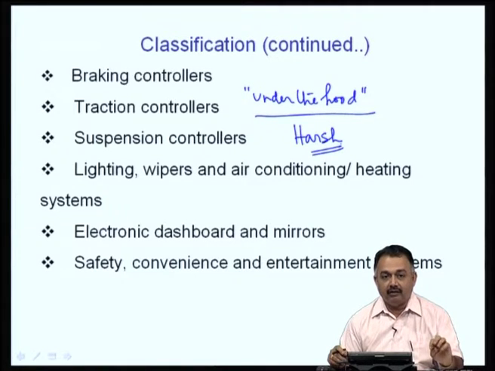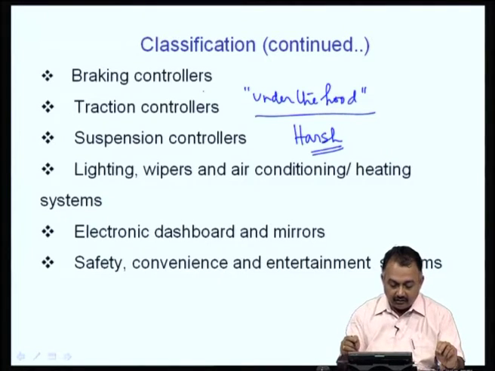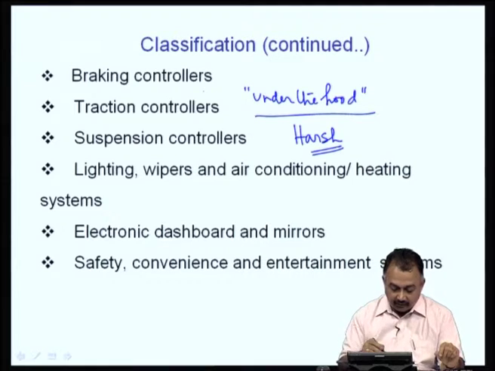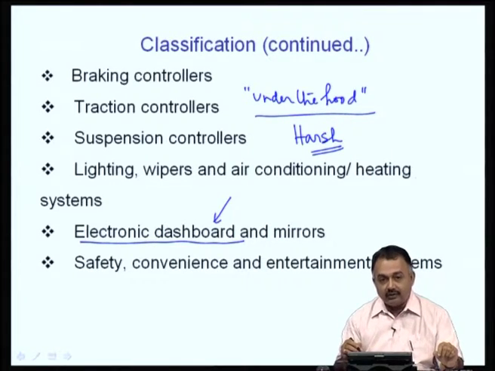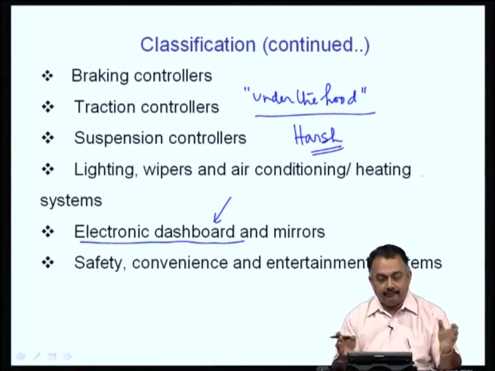Braking controllers, traction controllers, suspension controllers, lighting, wipers and air conditioning systems, heating systems, electronic dashboard and mirrors, and probably the dashboard will be the place where most of the information from other parts of the automobile will be displayed. So, the electronic dashboard is a sort of convergence area for display, right.